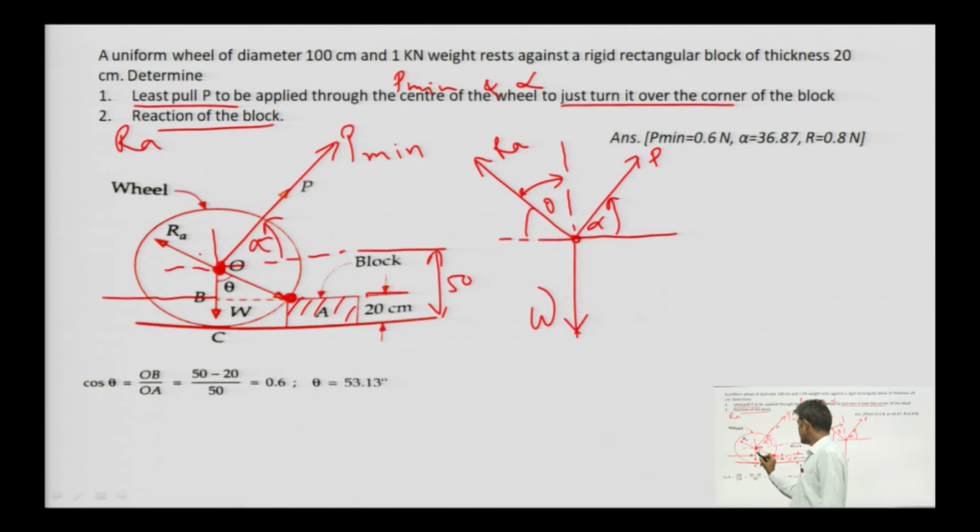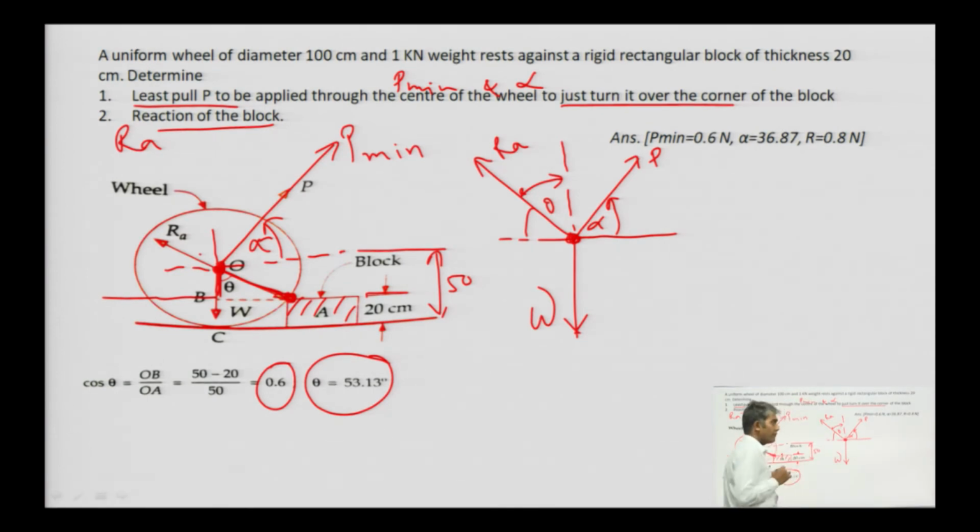Cos theta means this one value will be 50 minus 20 divided by this length, it is 0.6, means theta is 53.13. Okay.